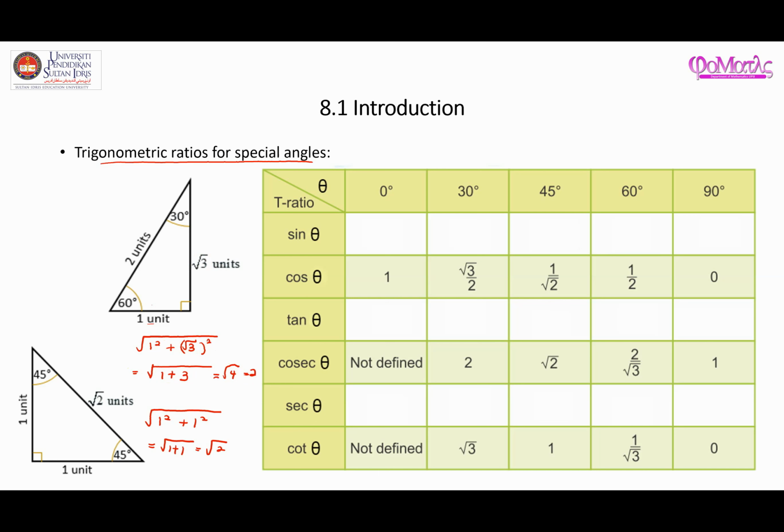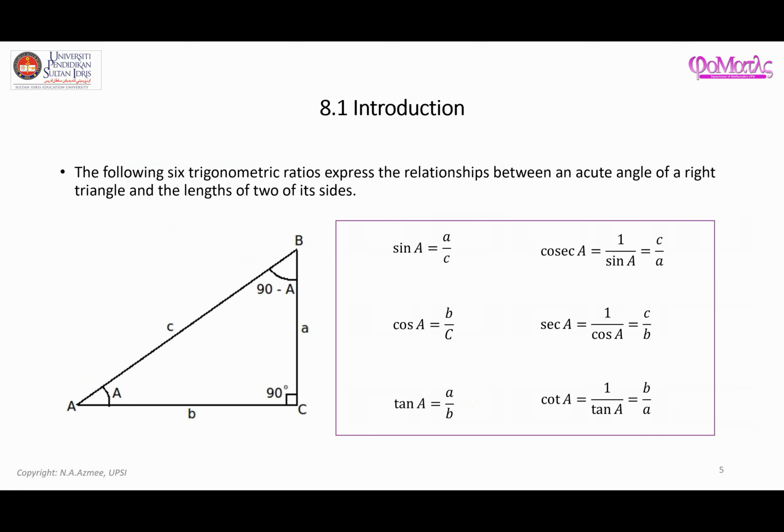So with that in place, we are now ready to fill up the blanks on this table, and we're going to start off with angle 30 degrees. This is the angle of interest, 30 degrees, and based on this we know that sine of 30 degrees is according to what you have seen on this slide.